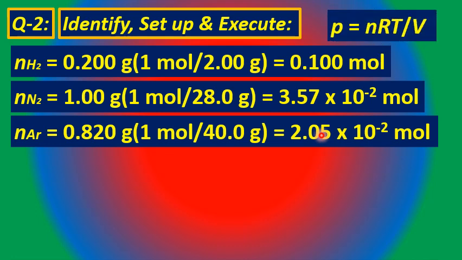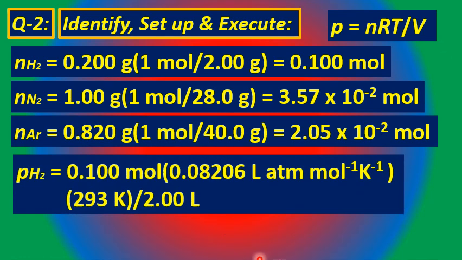So, before we can find the total pressure of the mixture, there is a need for us to determine the partial pressures of each of these gases, again using the ideal gas law equation, starting with hydrogen gas.